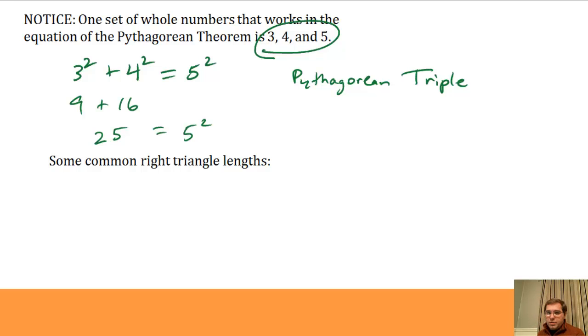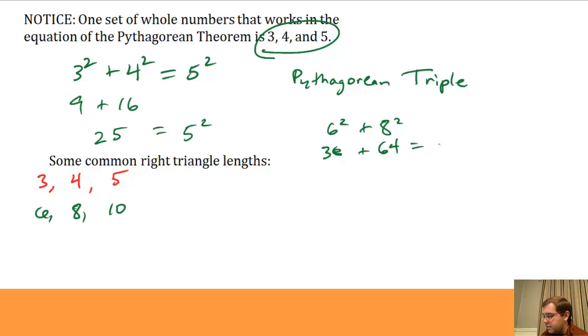Now they're not the only whole numbers that satisfy the equation. So we're going to list 3, 4, 5. Turns out that any combination of 3 sides that are in that same ratio of 3 to 4 to 5 also works. So any multiple of 3, 4, and 5 would work, like 6, 8, and 10, because 6 squared plus 8 squared is 36 plus 64, which is exactly 100, which is 10 squared.